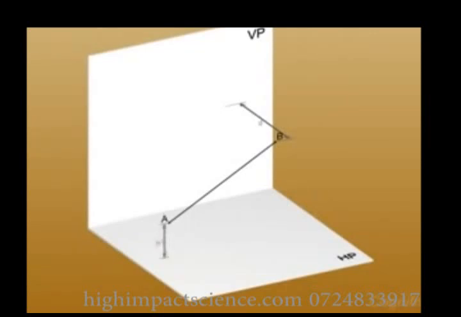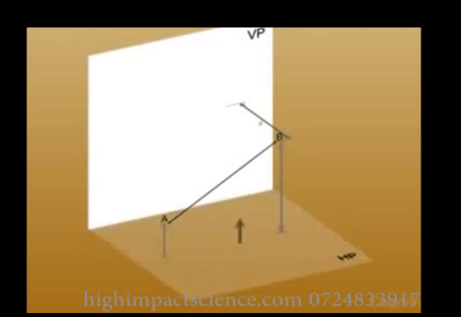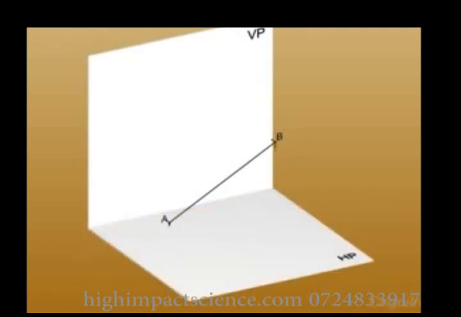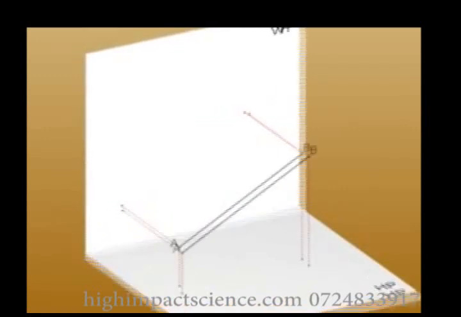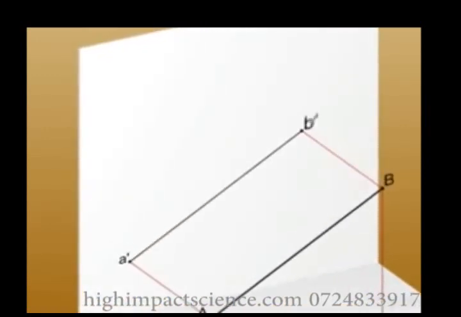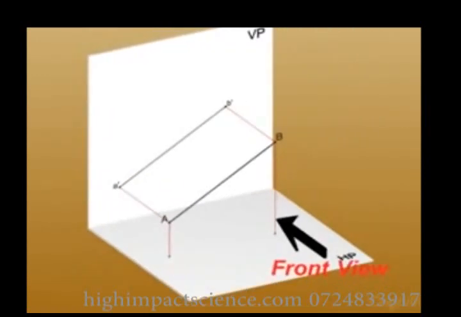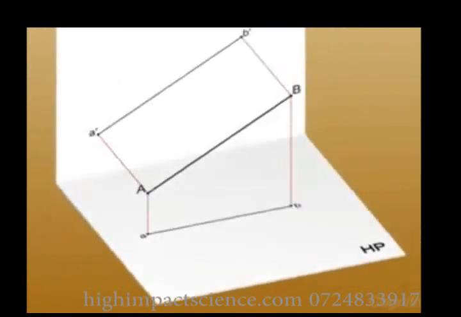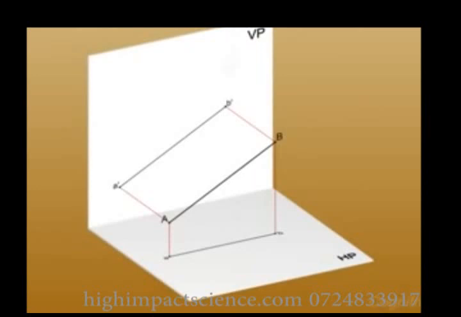Point A is H1 units above HP and point B is H2 units above HP. The projection of line AB onto VP and HP is the line A'B' as the front view and the line AB as the top view, respectively.